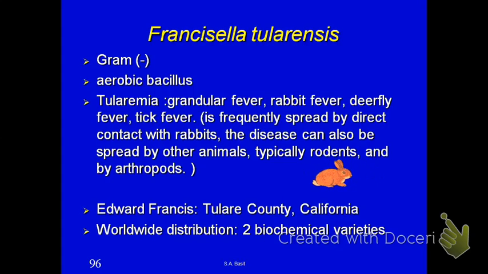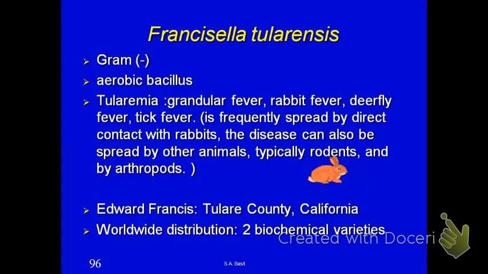So frequent contact with contaminated rabbits would predispose you to this, though other animals such as rodents and arthropods such as ticks could be responsible for the transmission of tularemia.